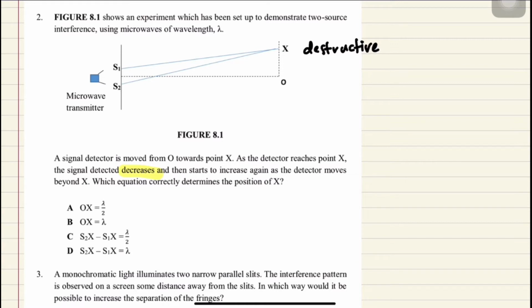For Young's double slit, the sources are in phase. So for destructive interference, the path difference should be half a wavelength. So S2X minus S1X needs to be lambda over 2. You can recheck with your notes to double confirm.